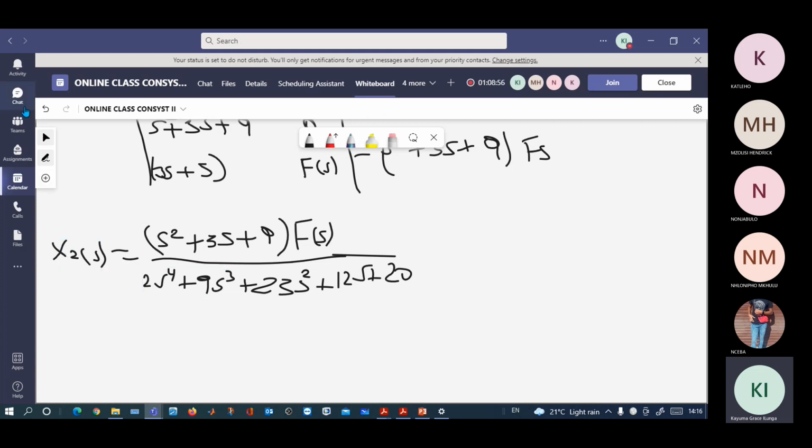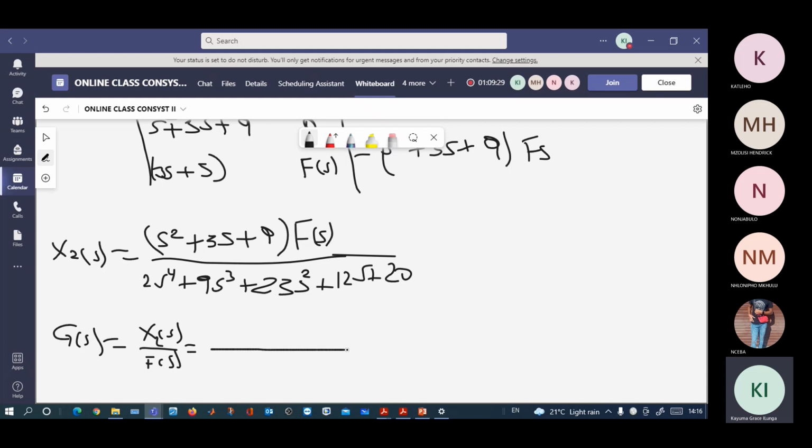So we know that as we have found this one, now we know g of s, the transfer function. In the class note, we use x1 as output, but here I use x2 as output. So we'll have x2 of s over f of s. So this is going to be easy now.